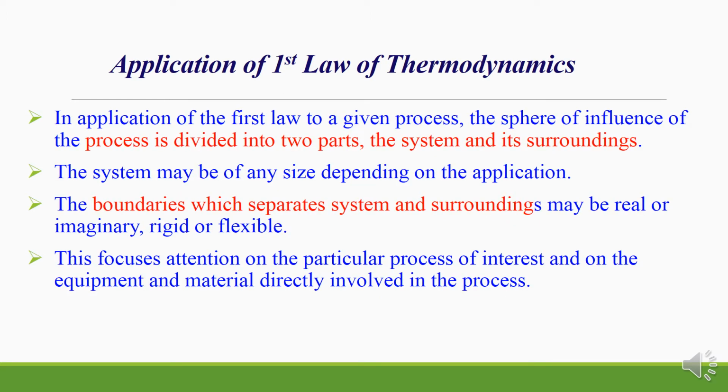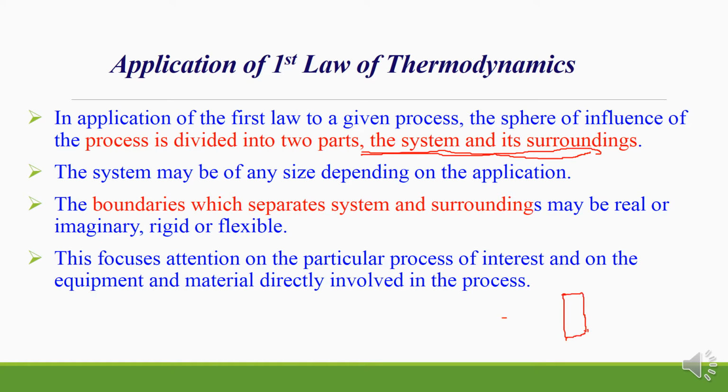Now, applications. If you have a process, the process is divided into two parts: one is the system, and the second is the surroundings. And process means something is getting changed in the system, so that's why it is a process. Suppose I consider a simple reactor or simple container.